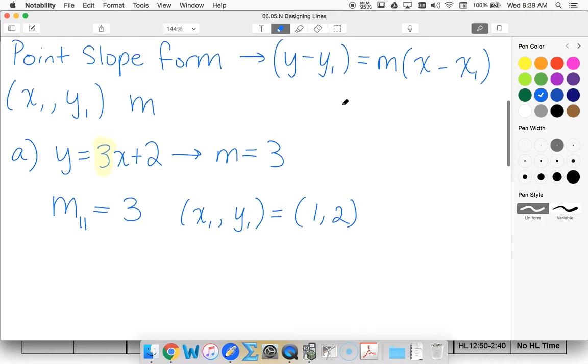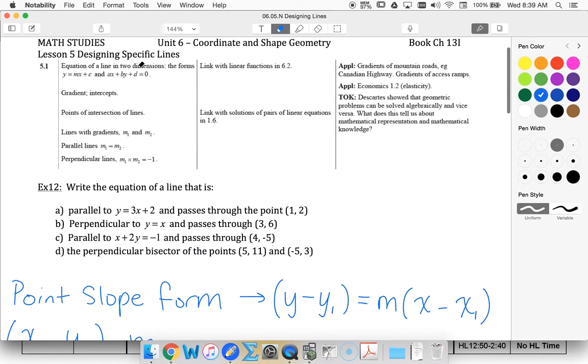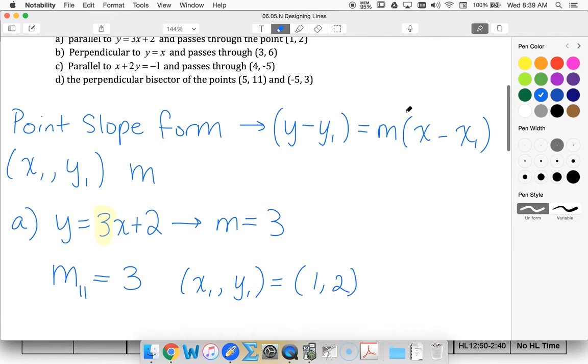So you can use any of our forms of equations to try to find the final equation. And so I'm going to show you using this method and using y equals mx plus c.